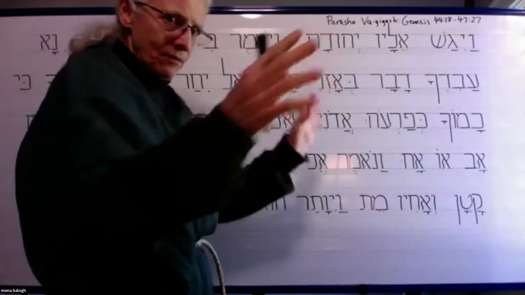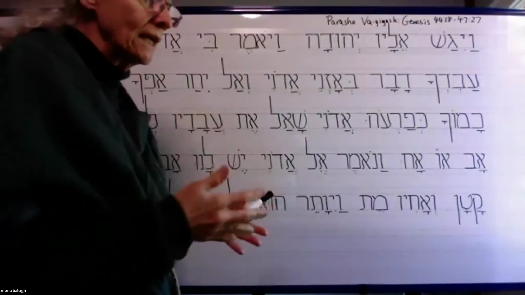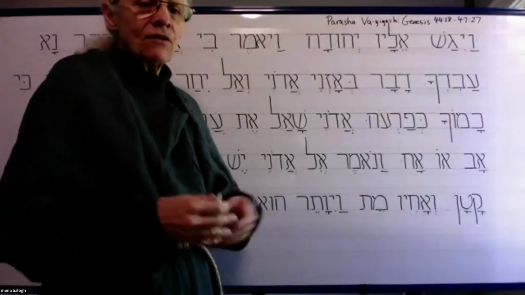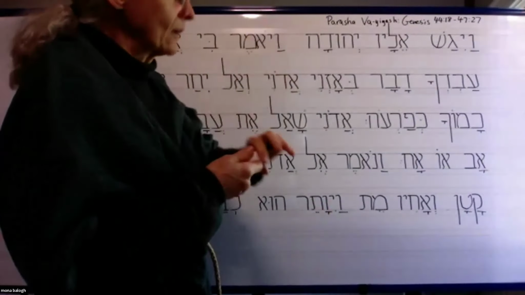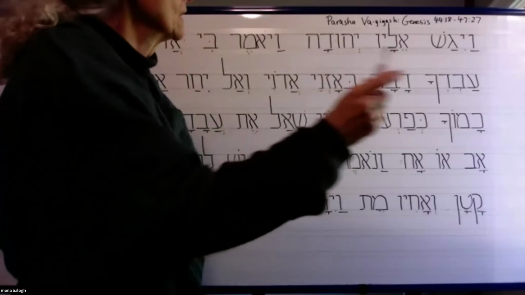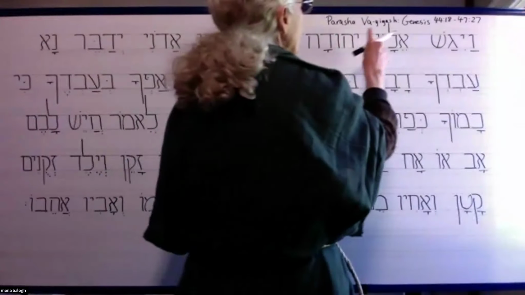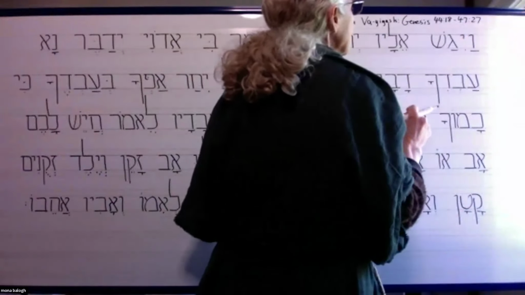You're not judging it to condemn it or to acquit it. You're just analyzing it to figure out what's what. So we're going through this analysis of the Parsha. Parasha Vayigash, Genesis 44:18 to 47:27.